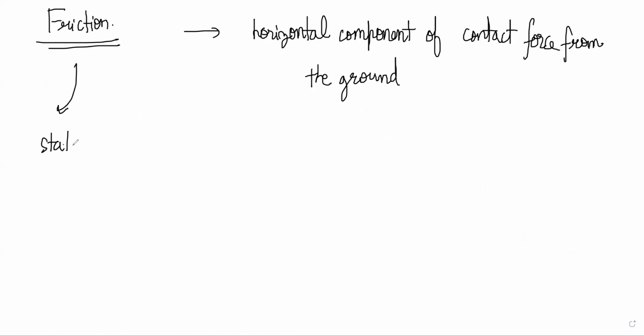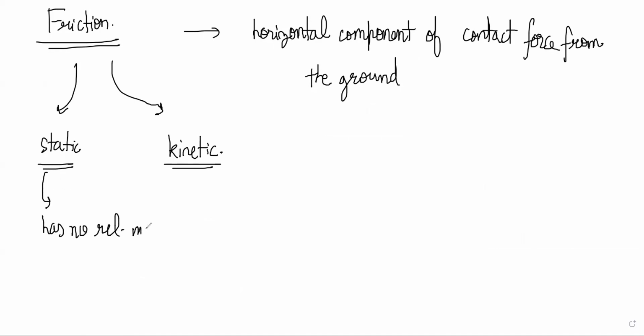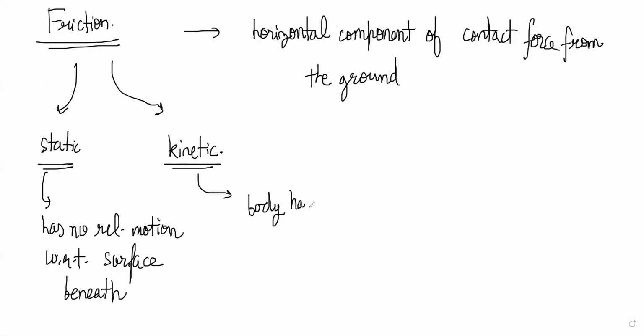It could be static friction, which is what we'll mostly be focused on in this chapter, and it could also be kinetic friction. Static friction arises when the body has no relative motion with respect to the surface beneath it. And kinetic friction happens when the body has a relative velocity with respect to the surface beneath it.